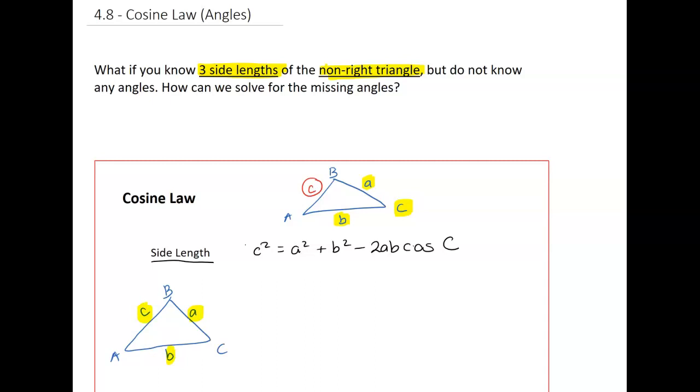So now we want to solve for possibly the unknown angle C over here. Okay, so we're trying to solve for this value. So we're going to use the same formula of cosine law, but now we're going to just rearrange it to solve for the angle that we want, which is over here. Okay, so this is just a matter of rearranging the equation.